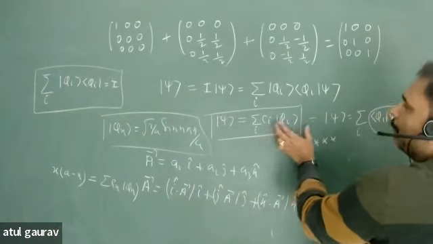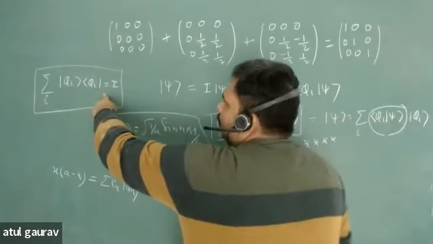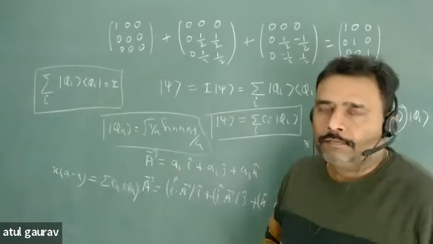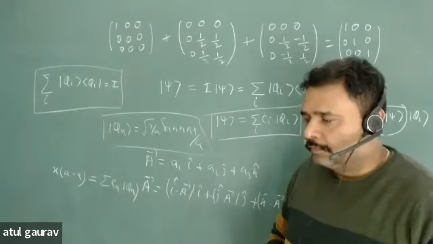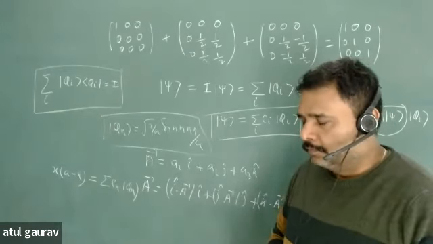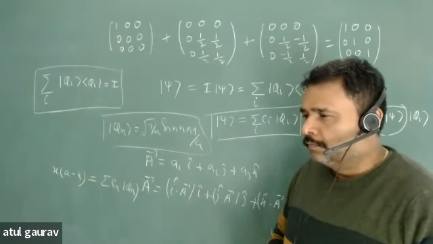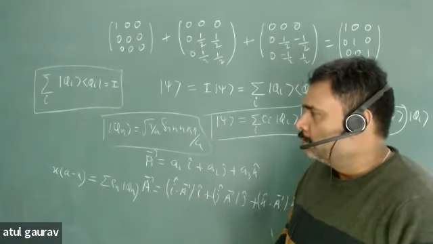All the magic behind writing this psi in this form is basically this operation. Physically, we can say that the combination of every state is giving us a unity, like one, identity.